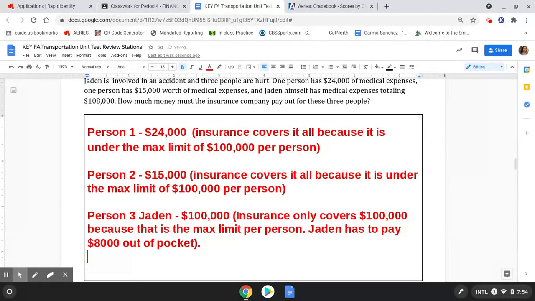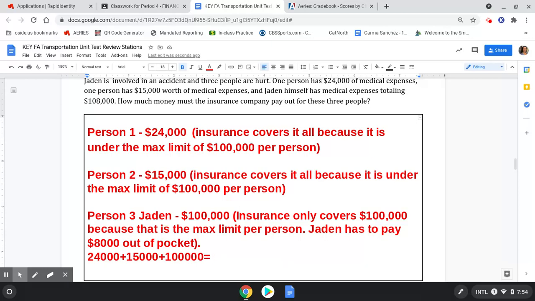So let's add this up. We've got 24,000 from person one, 15,000 from person two, and 100,000 from person three. Now, what did people do wrong on the last quiz on this one? People added the 108 here, but the insurance does not pay the 108. They only pay 100,000 max for him.